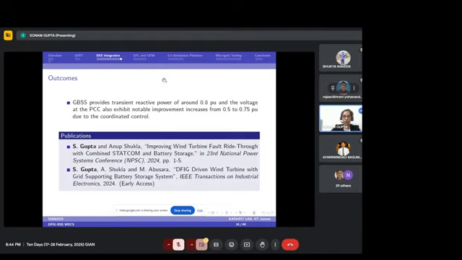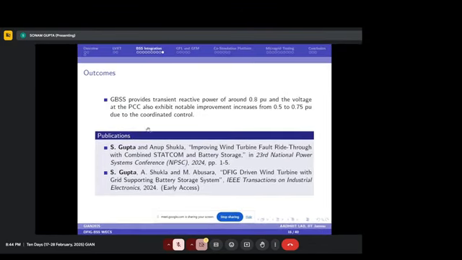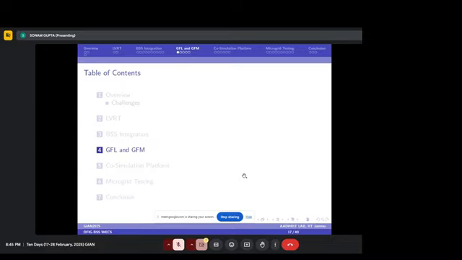In case anyone wants the details of this technique, one of our publications is already in the IEEE library, in early access, so they can follow that.